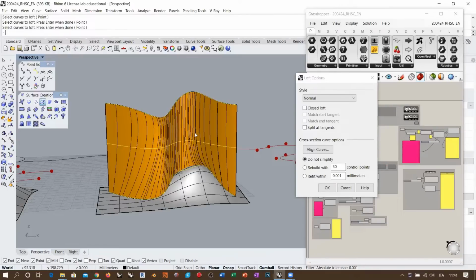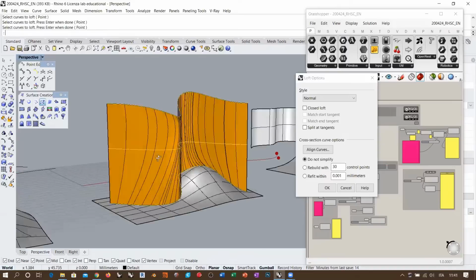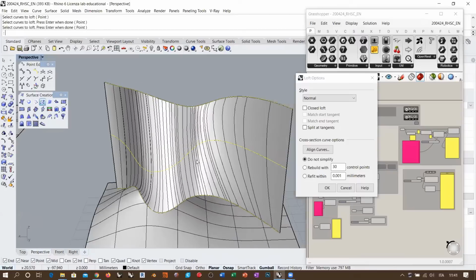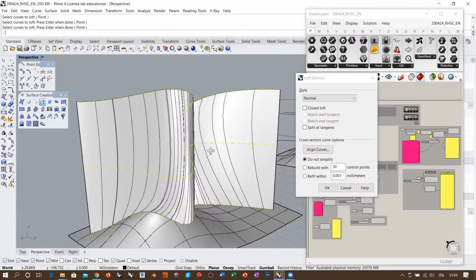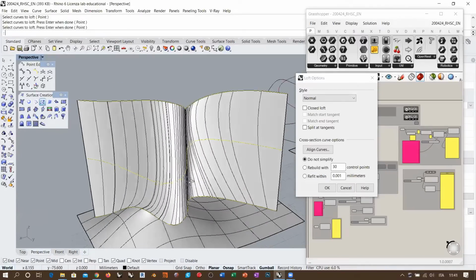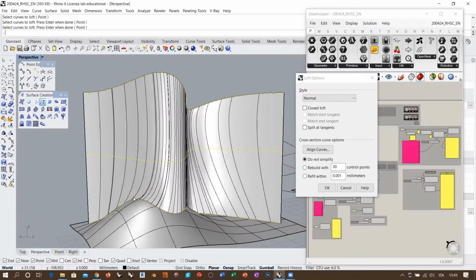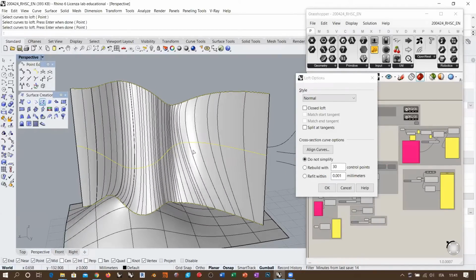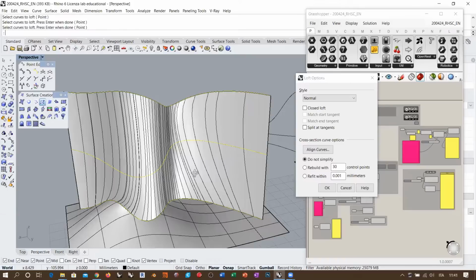This generates some unwanted behavior, like, for example, a twisting of the surface or a side sliding of the surface. So when you see isocurves doing something like this, start to worry, because sooner or later you will have some topological problem in terms of editing or creating further elaborations on this surface.